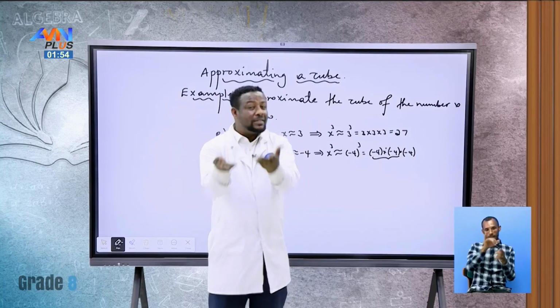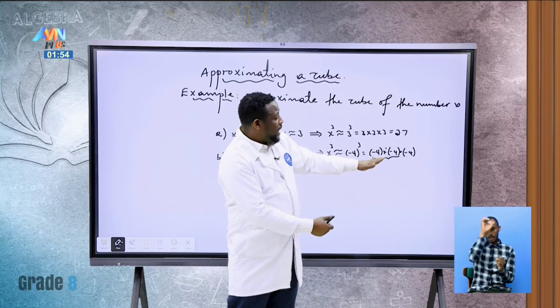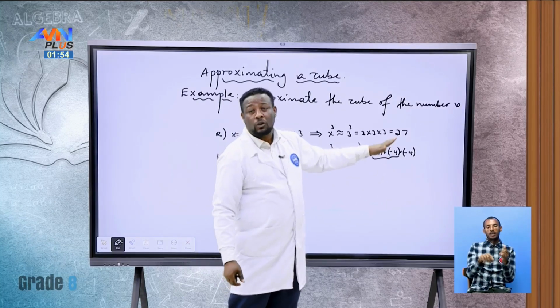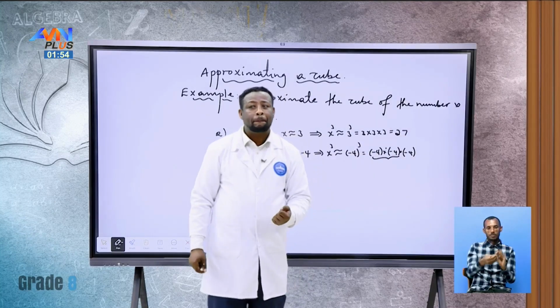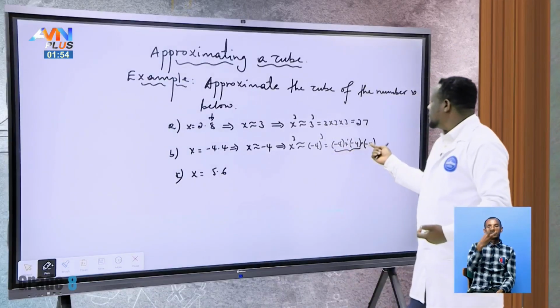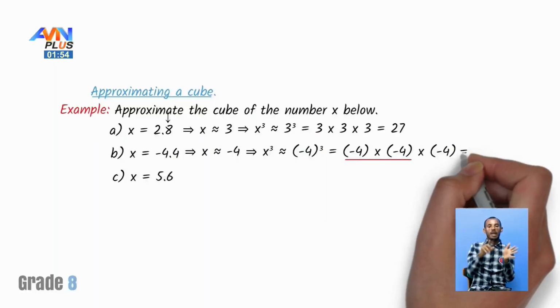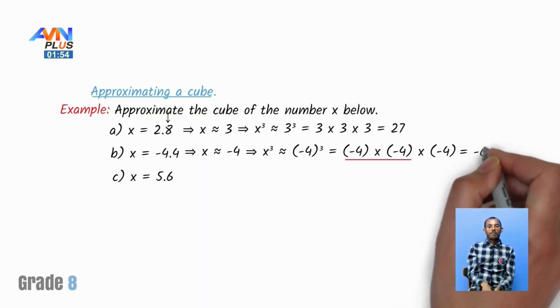But what is that negative number? Can you guess the final outcome of the product of these three numbers? Well, 16 times minus 4 will give us negative 64.